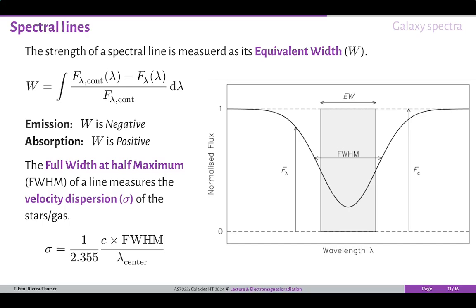The broadening of these lines, especially when we talk about emission lines, is caused by the velocity distribution of the atoms in the gas that do the emission or the absorption. Which means that if all the atoms in the gas were completely static, then of course absorption or emission would happen at only one wavelength, right?